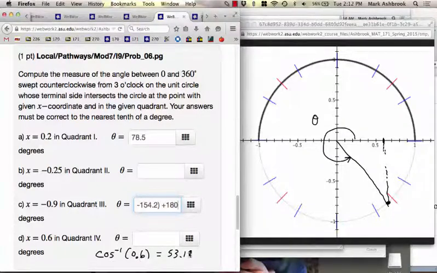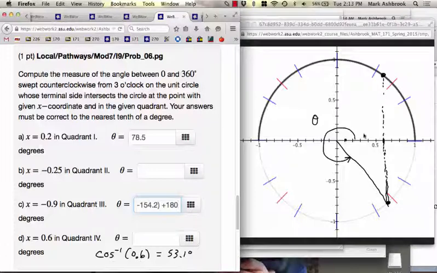And what is that? 53.1 is the angle measure of the point that has that same horizontal distance above the vertical diameter. We're talking about up here? Yeah, in the first quadrant. Good.